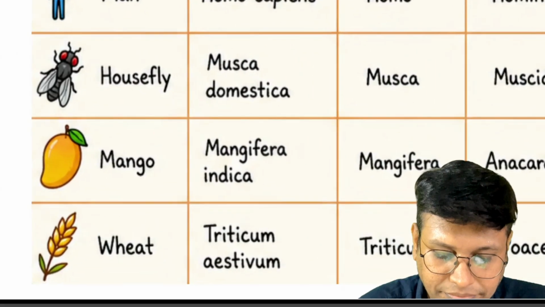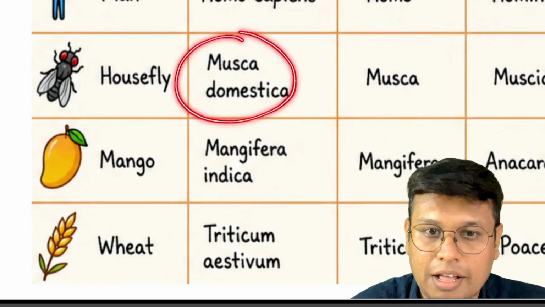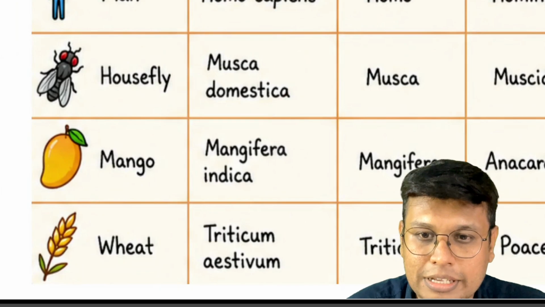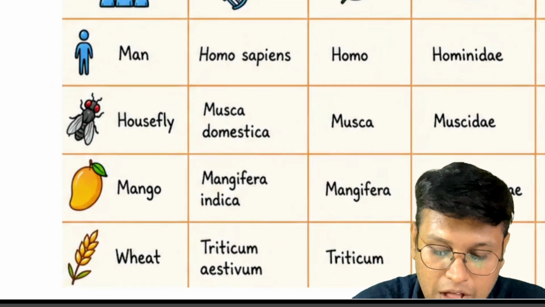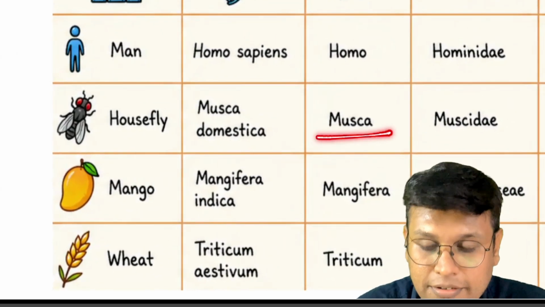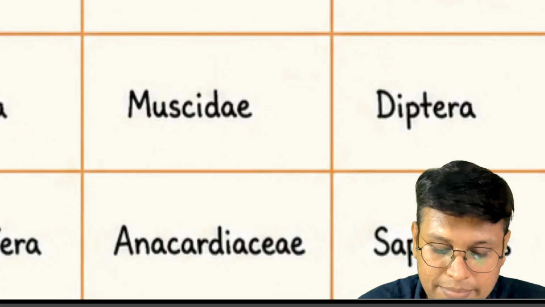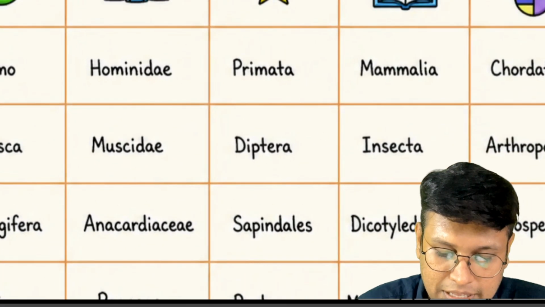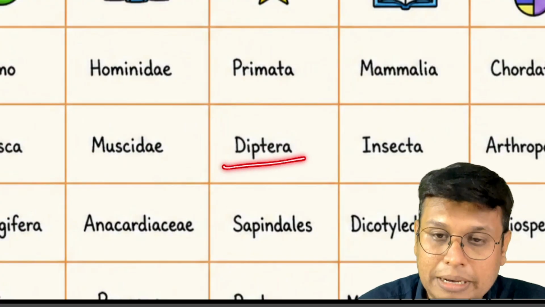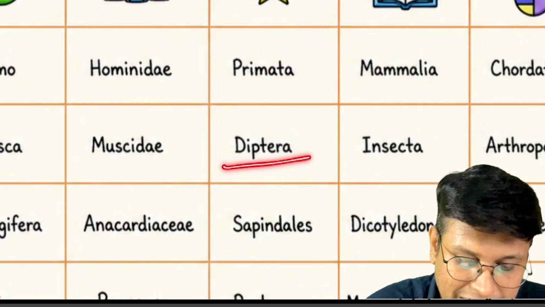Next, Musca domestica. What is Musca domestica? Musca domestica is nothing but the housefly. Again, Musca is our genus name. The family is Muscidae, and the order is going to be Diptera. So pay attention here.